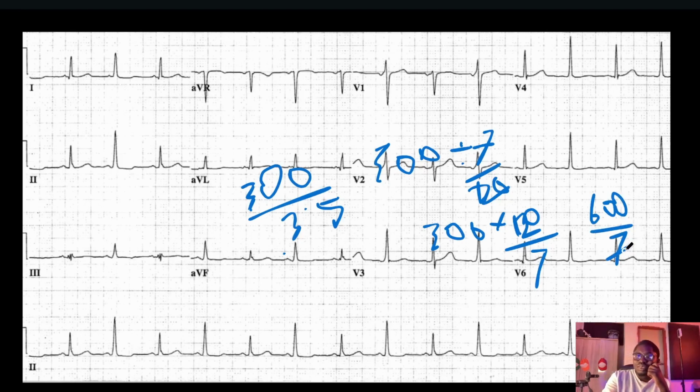So 7 into 60 would get 8. So this is an 8. And then 7 times 8 is 56. So we pick up the remaining 4, and then 7 into this 45.